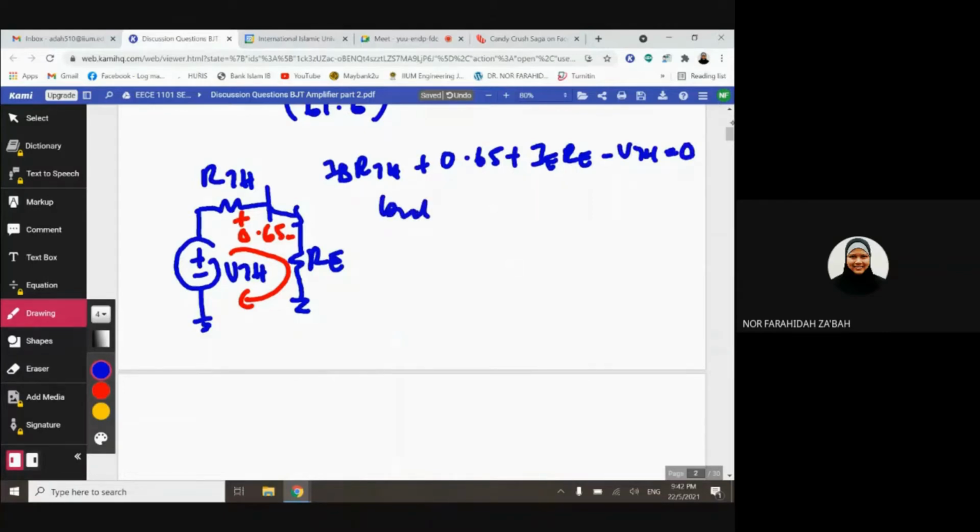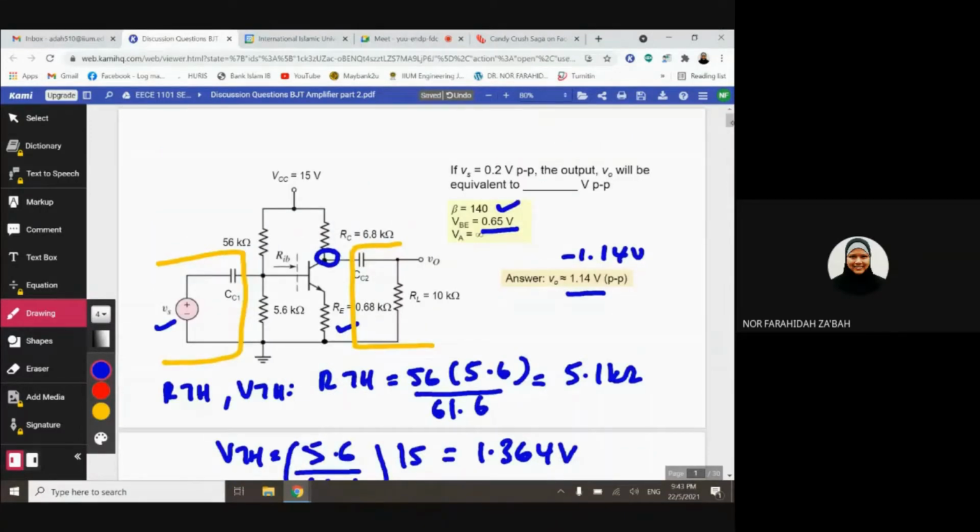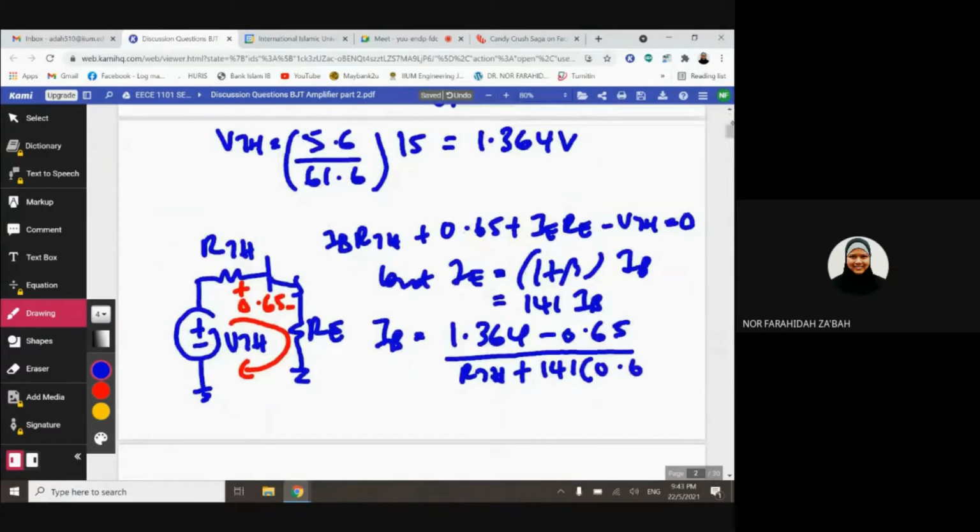But IE is equivalent to 1 plus beta times IB. The question gives beta 140, so that means 141 IB. Putting into the equation, you will get IB equivalent to 1.364 minus 0.65 over RTH plus 141 multiplied with RE. RE is 0.68 kilo ohm.